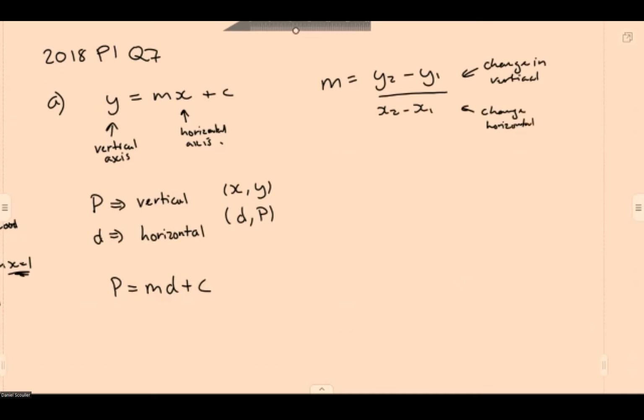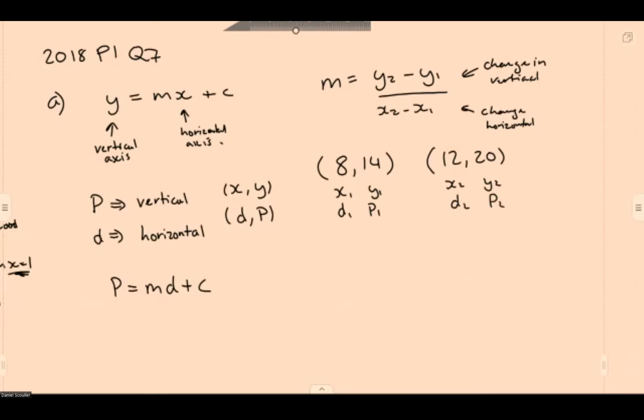So for our coordinates, A was 8 and 14, and B was 12 and 20. So x1, y1, to x2, y2.